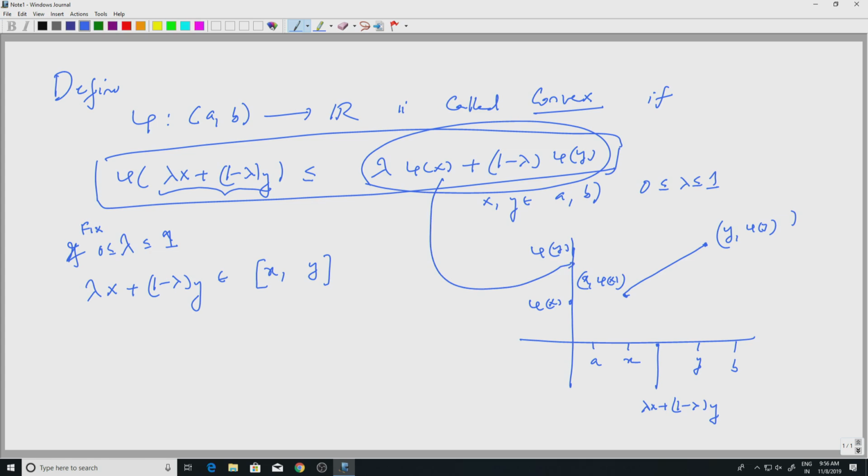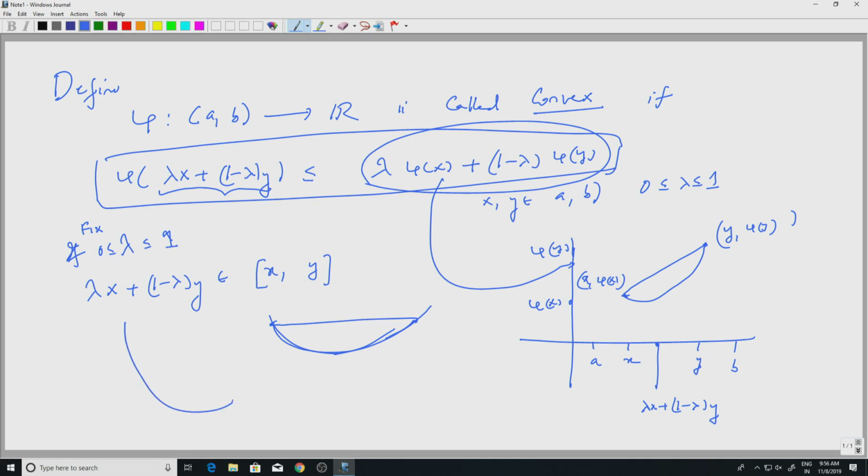The inequality says that the graph of phi should be below the line. That is why it is called convex. Convex graphs will be something like this. You take any 2 points on the graph, join the line, and the graph in between should lie below the line. That is what convexity means.